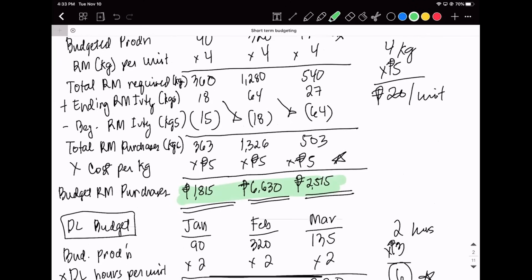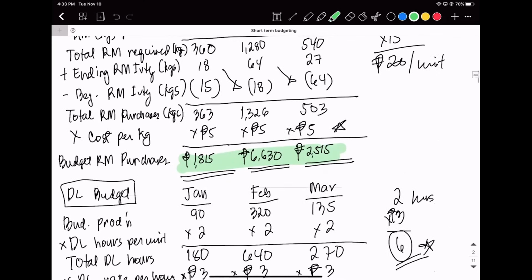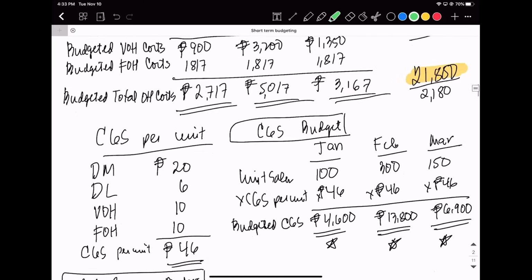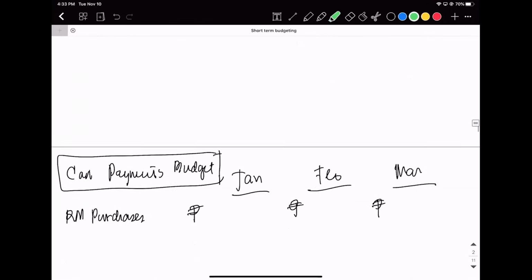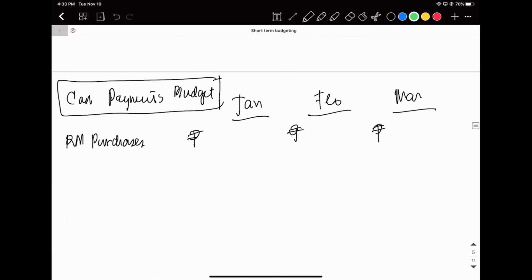So 1815, 6630, 2515. Yan. So tandaan nyo. 1815, 6630, 2515. Ayan. So this will be your basis.